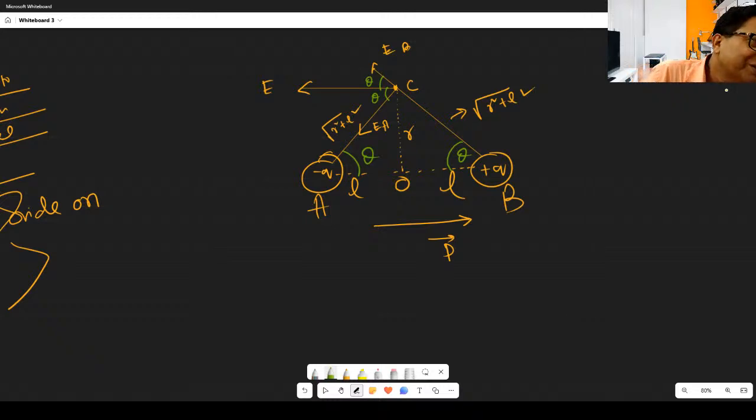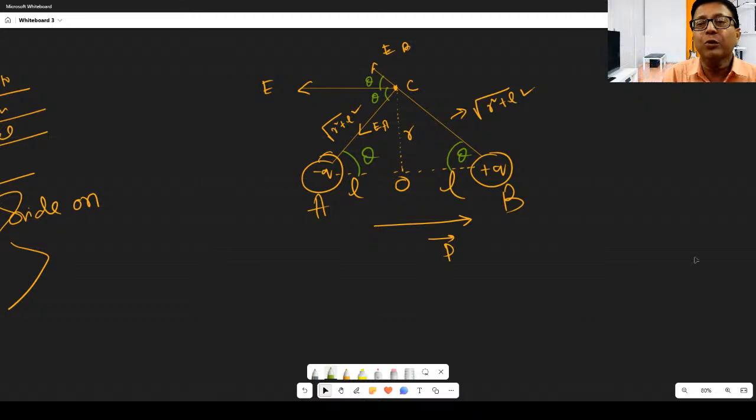Agree or not? In your diagram it should be there. I am assuming this one theta, this one theta. So this angle is going to be, draw a horizontal line, theta. That's why the resultant field is along the bisector. The angle between them is 2 theta and they are equal.